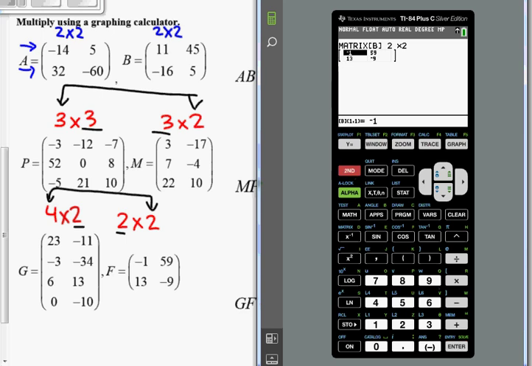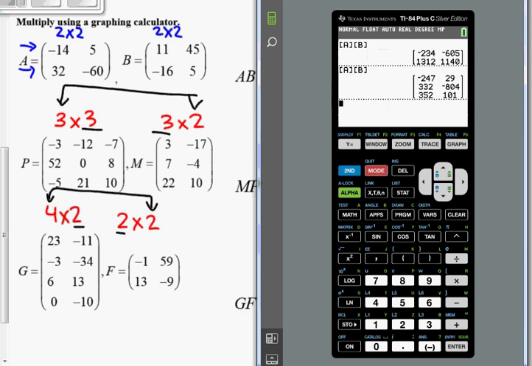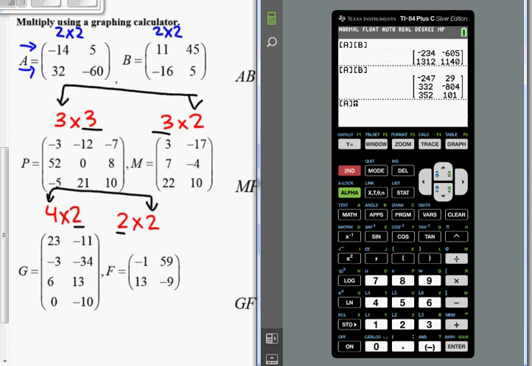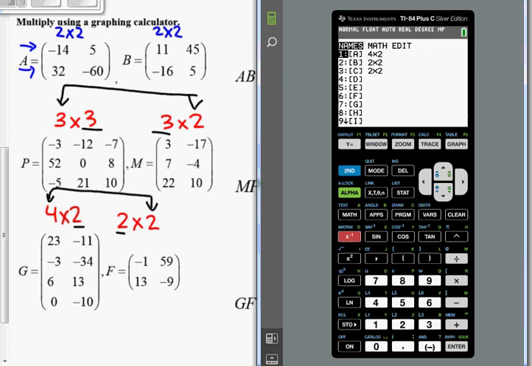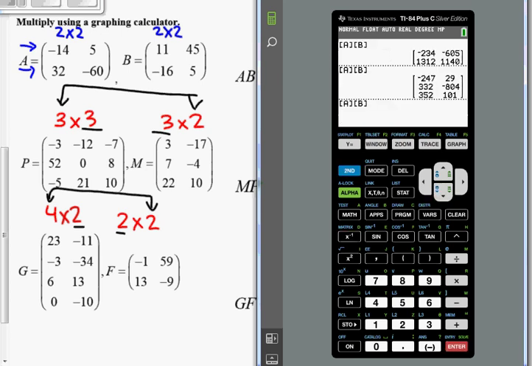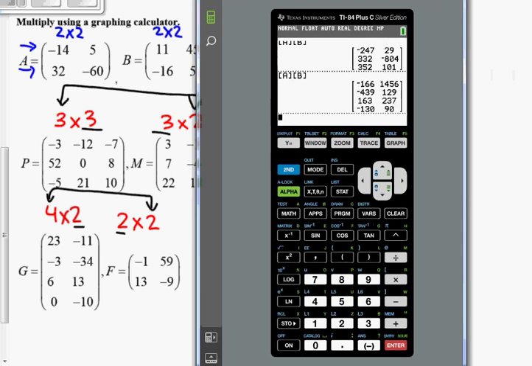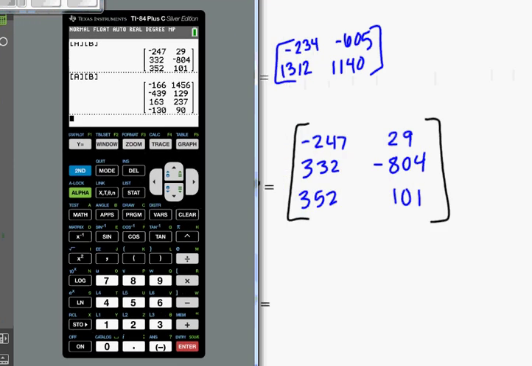Quit out of here. To multiply, we do second matrix, enter on A. Remember, whenever you want to multiply, we no longer need to go to edit, we just need to hit enter on the matrix to call it to the screen. And matrix F times matrix G did give us that 4 by 2 matrix we were expecting.